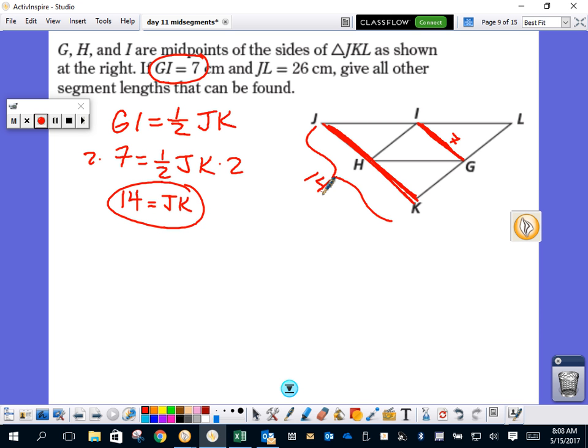Okay? What other lengths do we know? Trevor, give us the length that we know. Okay, well, you know that IG equals JH. You know IG is 7.